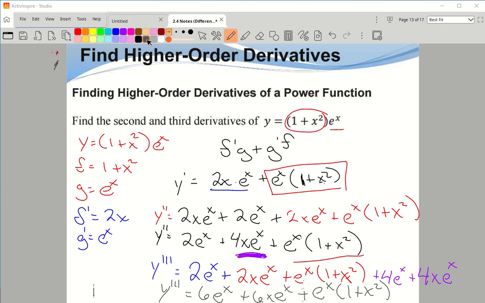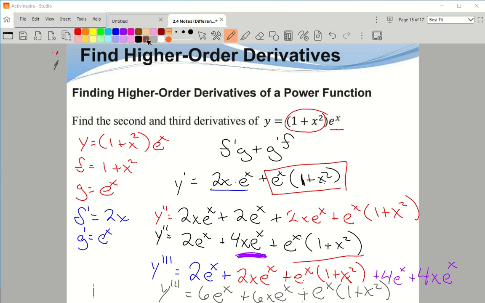Why is it that the second derivative is 2 e to the x, but then when you go down to third derivative, it's plus e to the x? Which one are you? Are you this one right here? Yeah, 2 e to the x. What's the derivative of e to the x? E to the x, right?